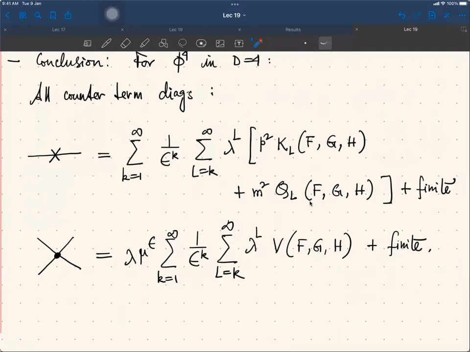Level by level, you can remove the singularities of those diagrams by adding counter terms, and these are always going to be polynomials. The residues are always going to be polynomials in p squared and m squared, as I just discussed. The log p and logarithmic terms will all cancel because there exists a general argument, and this is the counter term renormalization program, and that's it.